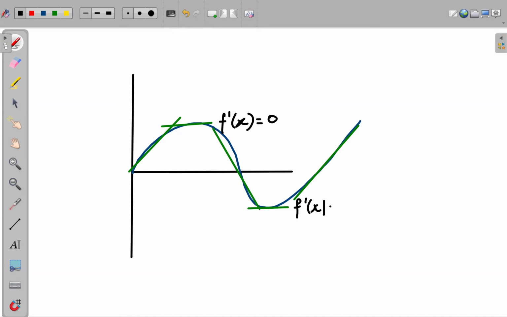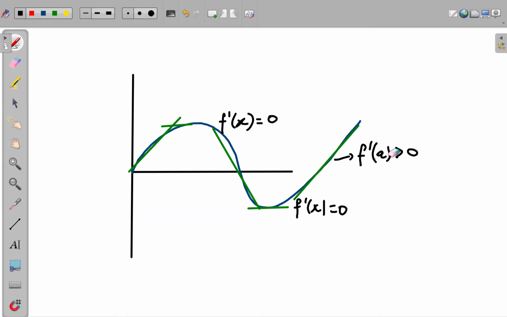And this is one of the facts we will be using today. Here we know that if I substitute a point A in the derivative, and I get a positive answer, it means that the function is increasing at that particular point. This is very, very key for us to understand.